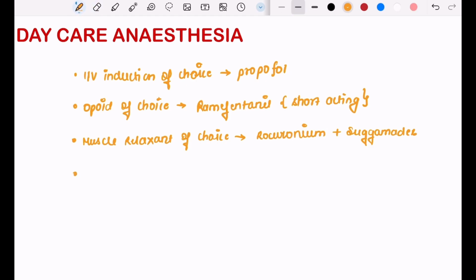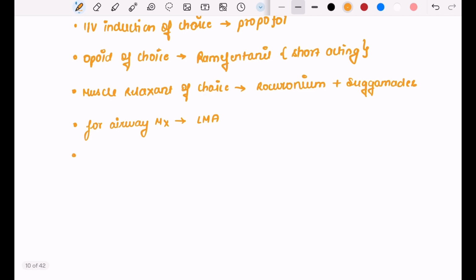For airway management, we use laryngeal mask airways. The inhalational agent of choice is sevoflurane.